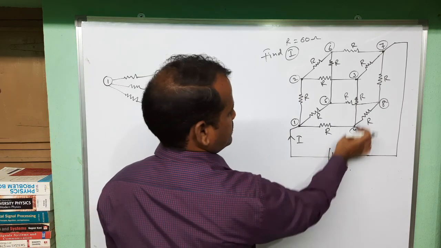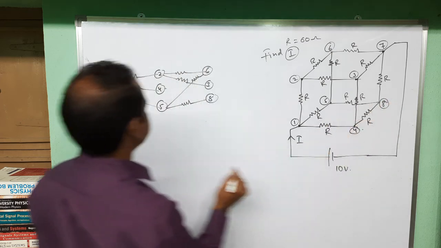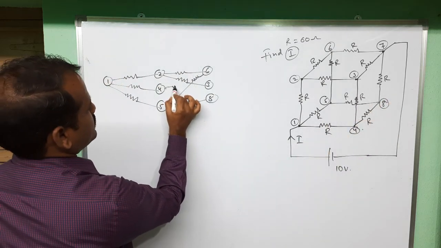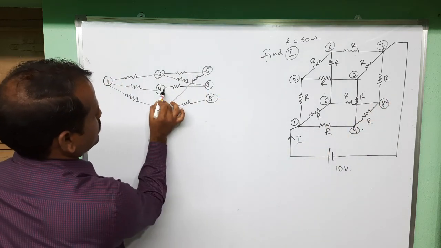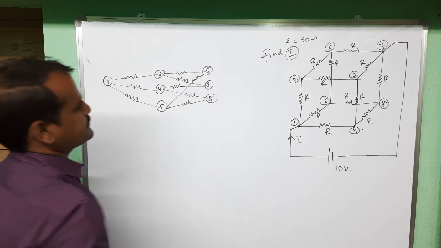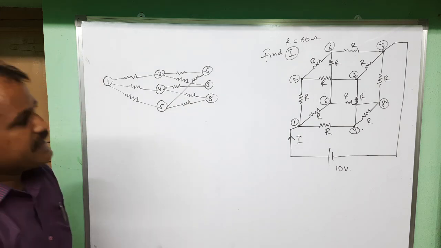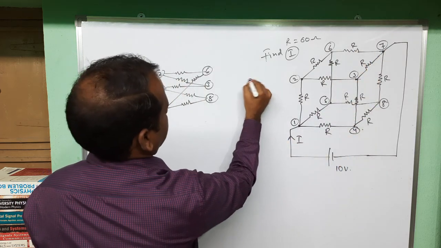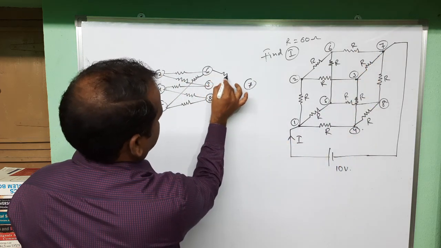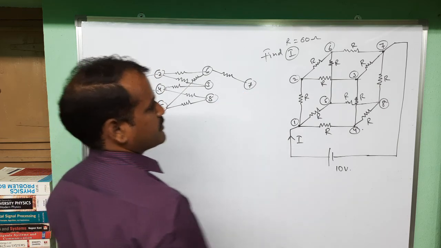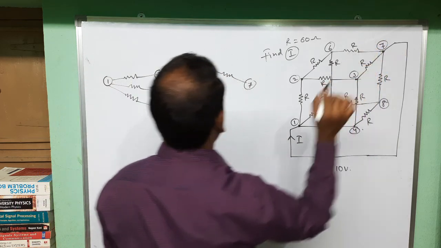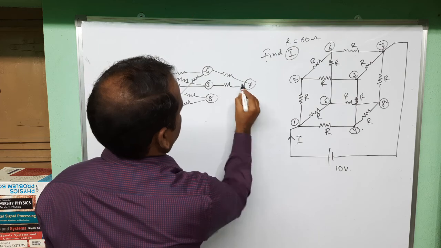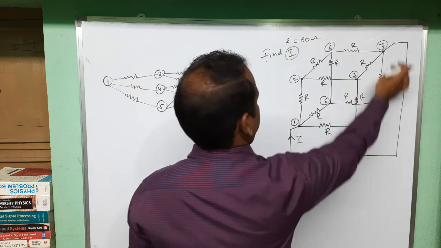Next, 4 is connected to 3 and 8. Fine. Next, 6 is connected to 7. Take this 7 node, connected to 6 with one resistor, and 3 is connected to 7, and this 8 is connected to 7.